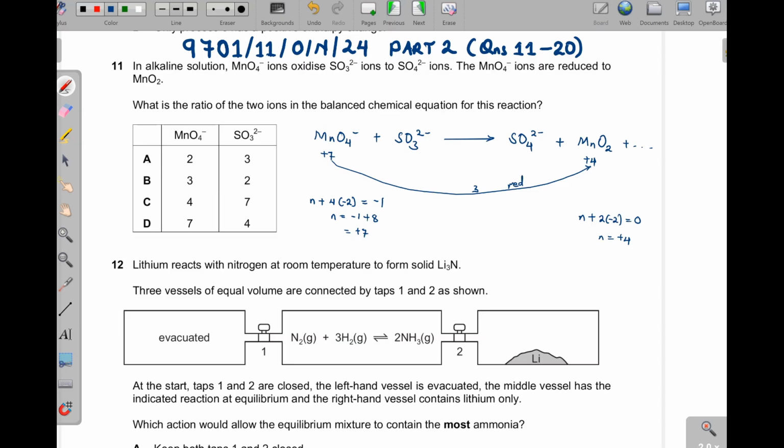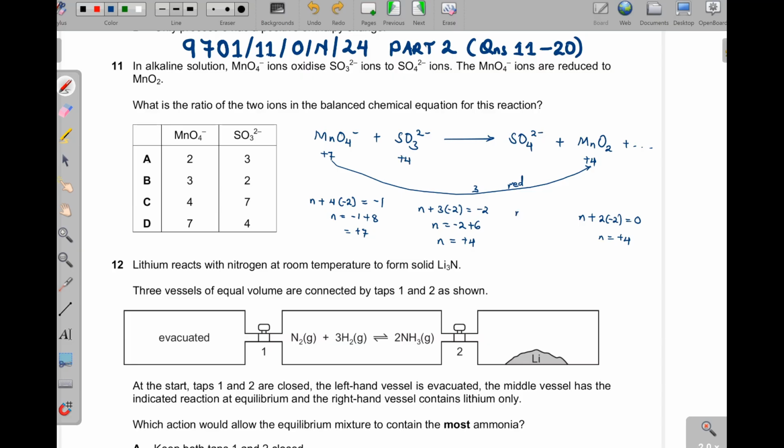So this is actually reduction. Then when I look at this one for sulfur, we have N, then plus 3 times negative 2, then we equate to negative 2. So N shall be equal to negative 2, then plus 6, and that one becomes a plus 4. So we have a plus 4 here. And then how about here?